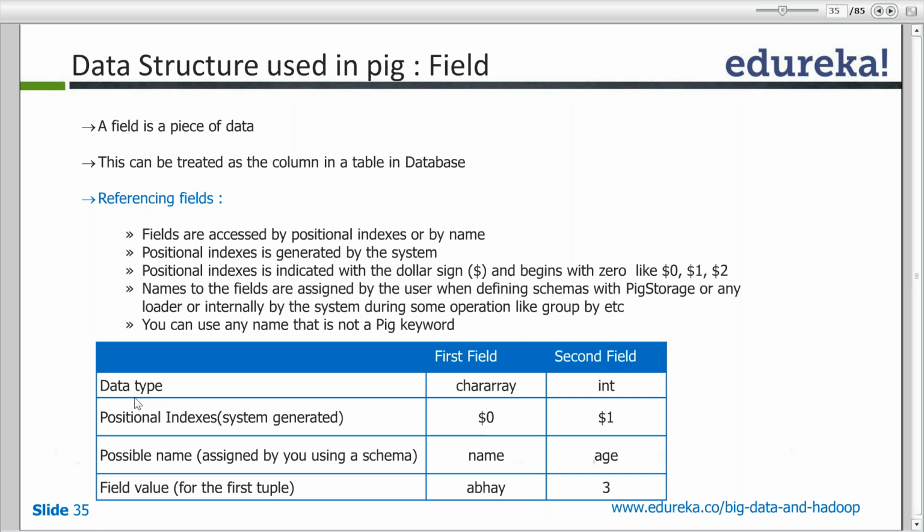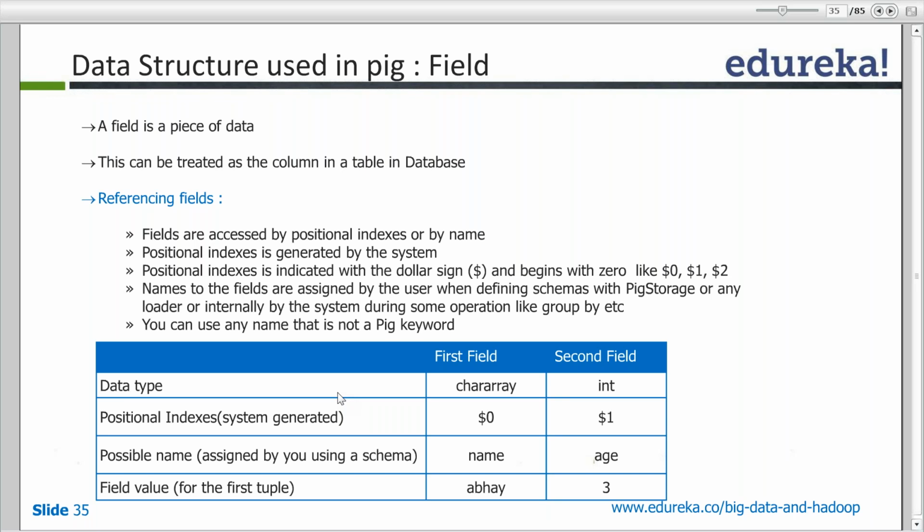So the same thing which we discussed, like if you want to give a schema, you can give a name. Right? There are some operations in Pig in which Pig by default uses a name in case of a schema. So what we have discussed is Pig will by default use a positional notation like $0, $1, $2, but there are a few cases where Pig will also use a name.